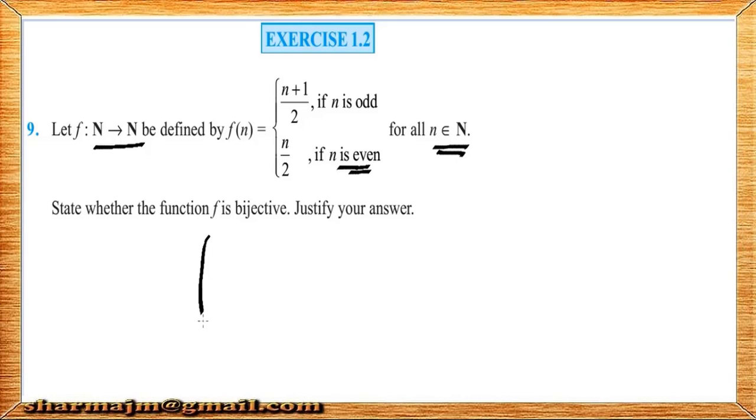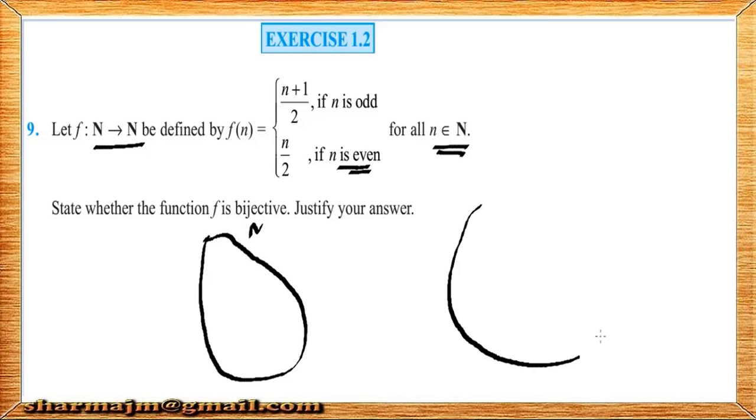Let us take natural numbers here and natural numbers here. f is a function. We apply on 1. So 1 is odd. So we apply this definition, 1 plus 1, 2 by 2, that is 1.